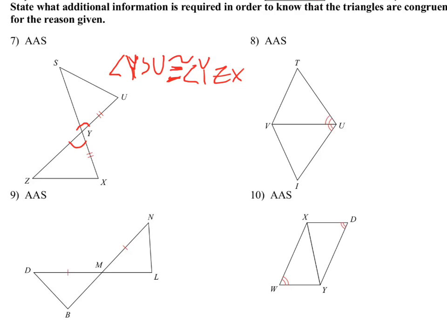On 8, we can add a congruence marking in the middle because they share the side, so by the reflexive property it's congruent to itself. And again, we want angle, side, so we have angle, side, we want the previous angle on both sides. So that's angle UTV congruent to angle UIV.